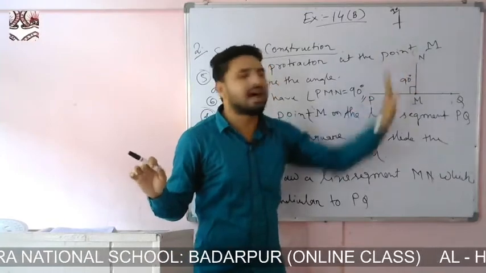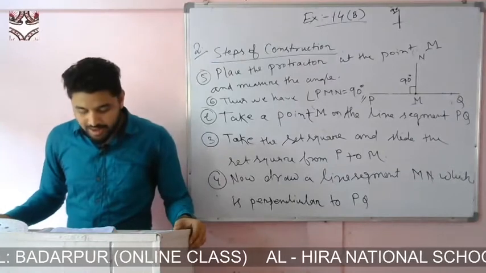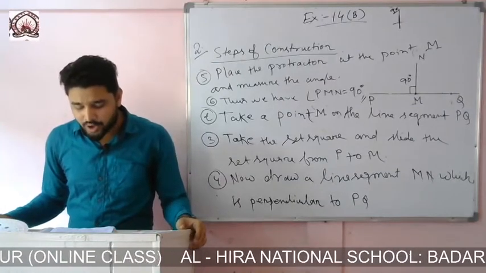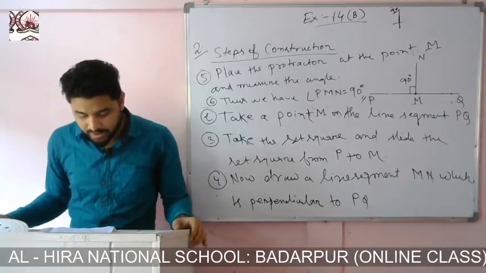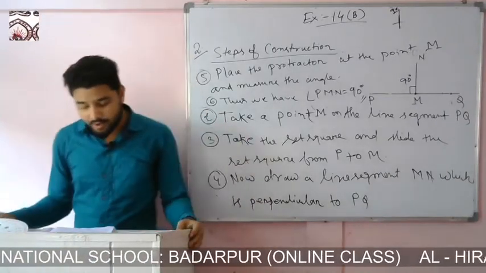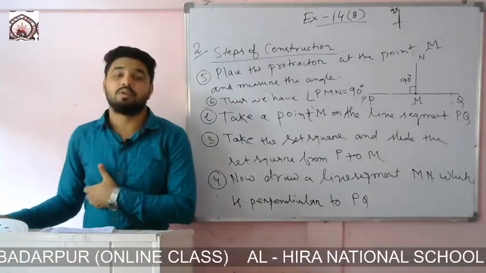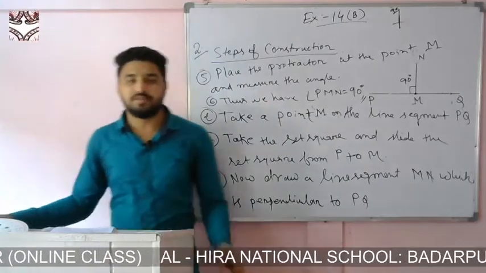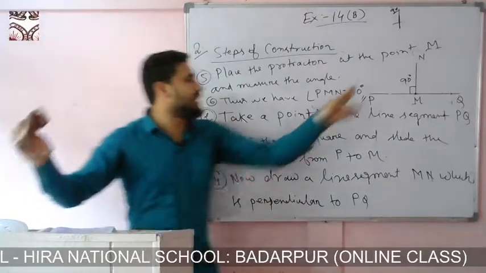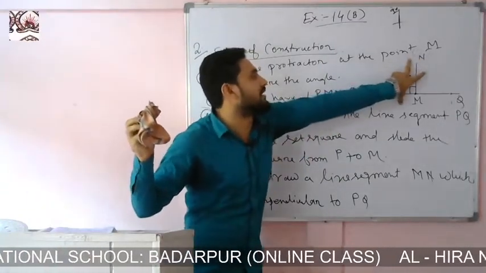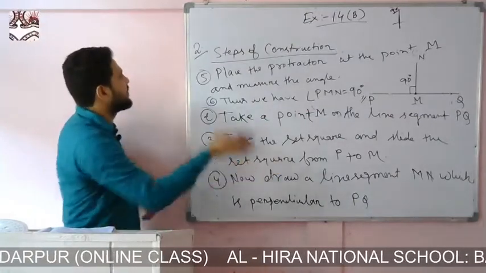Using set square, construct a perpendicular from P to the line LM. It's very easy. You take a point here, and from that you draw a line, then it will be perpendicular to LM.